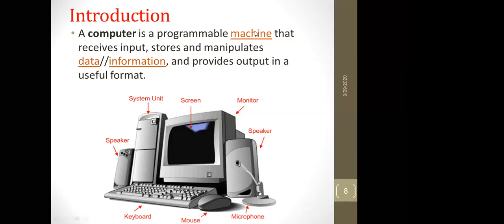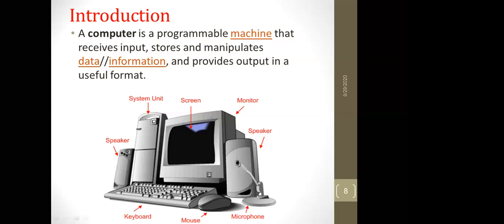Yeah, right. Brain of computer is right.